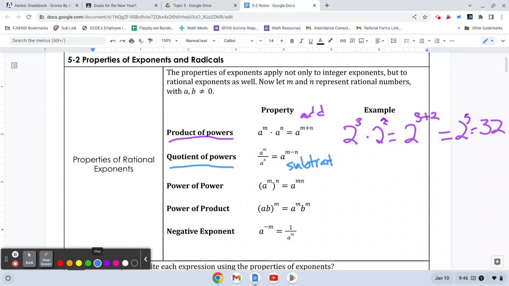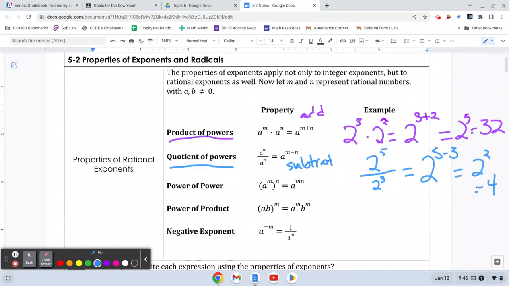For example, if I had 2 to the fifth power over 2 to the third power, I take the base 2 and I subtract the exponents, numerator minus denominator, and I get 2 squared, or 4. So that's the product of powers and quotient of powers.